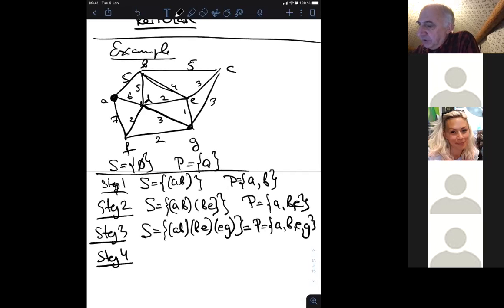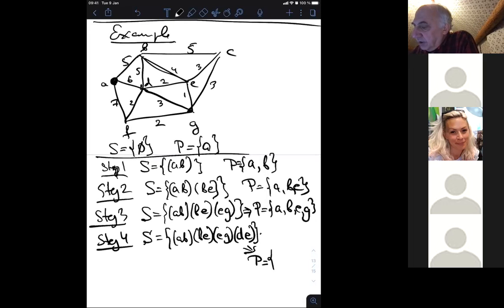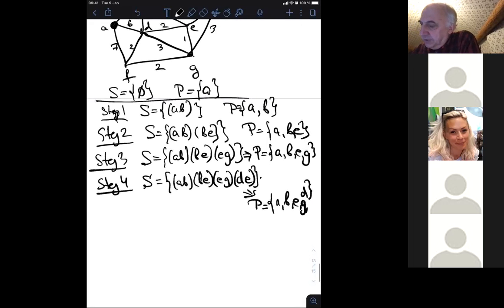Either we can add an edge DE, for example, or we can add an edge GF. This will also work. So there is a small ambiguity here, but as I said, the minimal tree is in principle not unique.